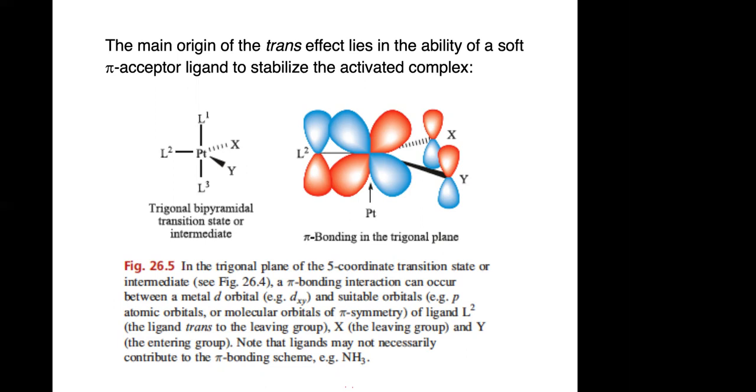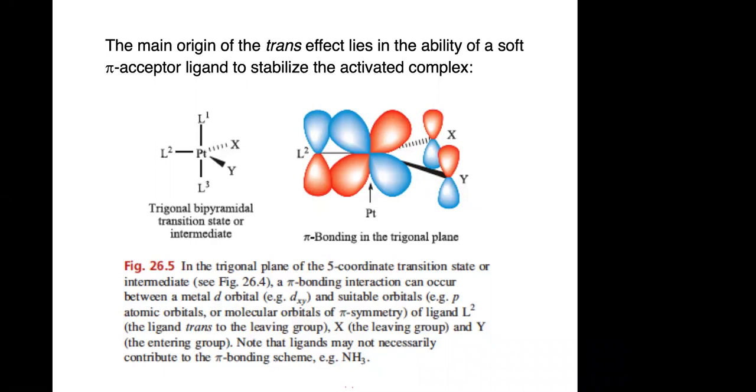So you should think about this. You have all the tools now from what we've just gone through in molecular orbital theory for transition metal complexes. This is not a trivial point to get, but you could think about all of the ways in which a soft or pi accepting ligand might stabilize this trigonal bipyramidal activated species.